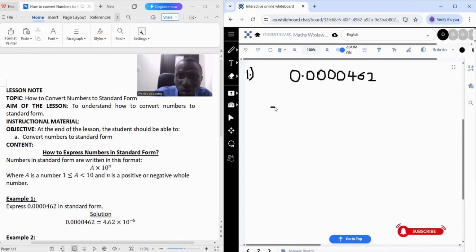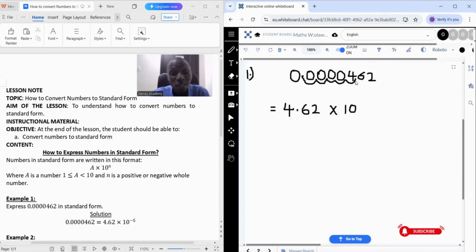So we have this equal to 4.62, then multiplied by 10. How are we going to get the power? From 0.000462, we want to know the number of places we move the decimal point to have 4.62. Let's count together: 1, 2, 3, 4, 5.